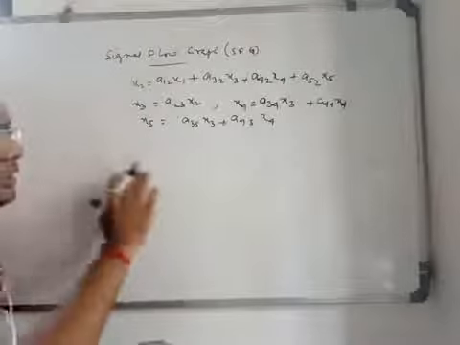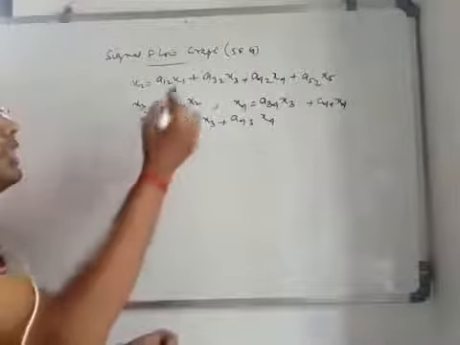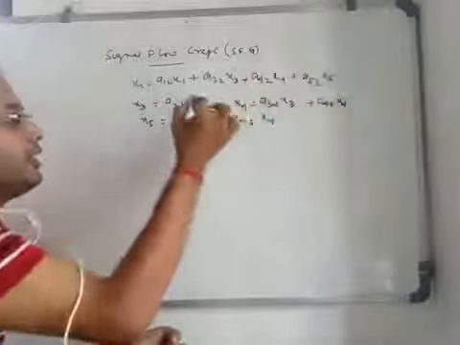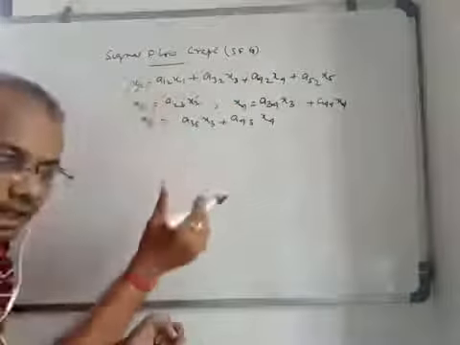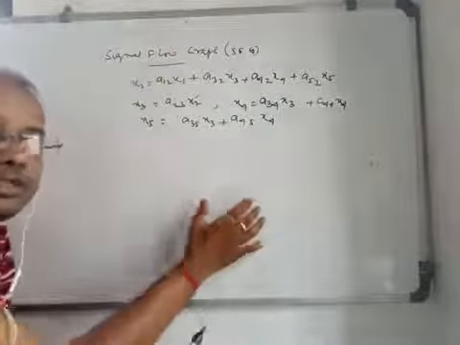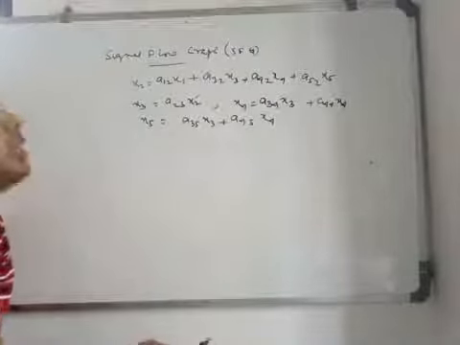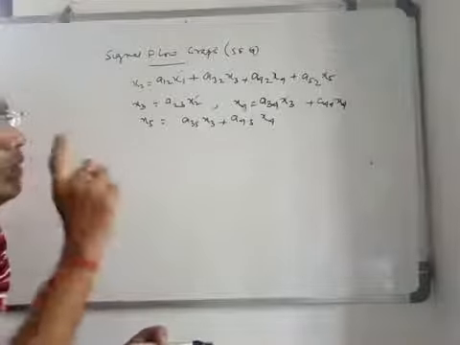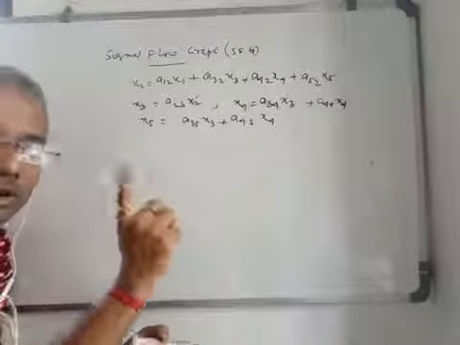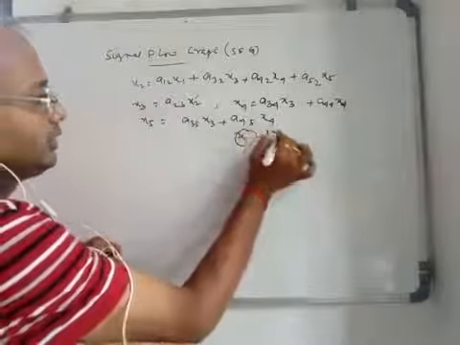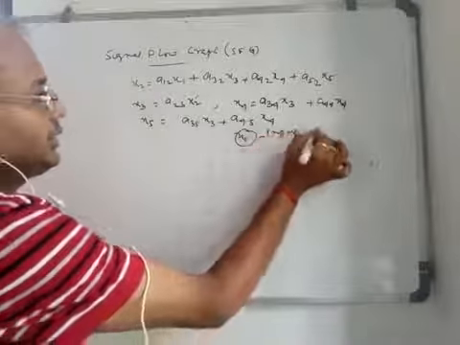Now by this signal flow graph, we have to get how x1, x3, x4, x5, x2 and all these variables are related, and this relationship as a whole is expressed in a pictorial form. That pictorial form is your signal flow graph, and definitely there you have to mention which one is your input variable and which is your output variable, and we are considering x1 is your input variable and x5 is your output variable, right?